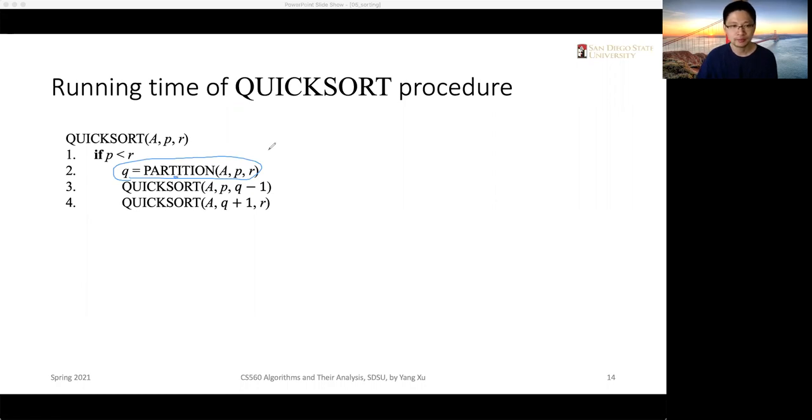This partition procedure does some heavy lifting work, which is more work than the dividing step in merge sort, because in merge sort we simply compute the midpoint of a sequence, but this time the partition does more than that. It reorders all the elements by putting all the elements that are smaller than the pivot to the left, and all the elements that are greater to the right of the pivot.